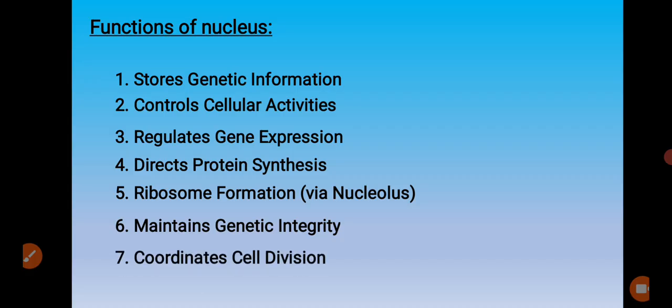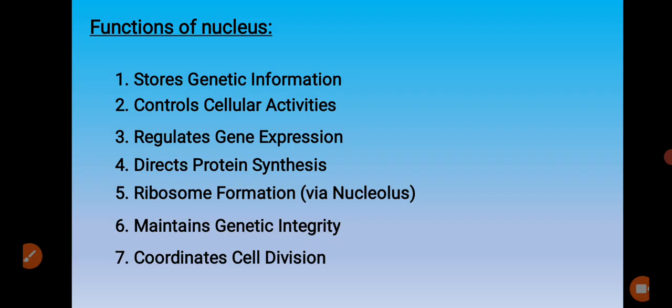And the function is that it coordinates cell division. During mitosis and meiosis, the nucleus ensures that the genetic material is evenly distributed to the two daughter cells, isn't it? That is mainly contributed by the nucleus.